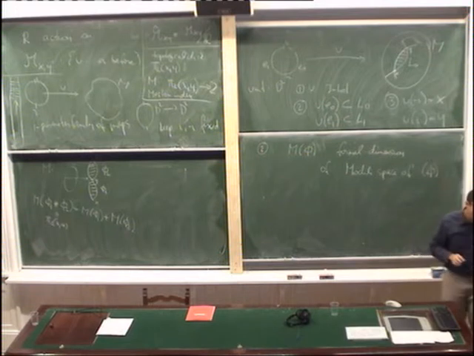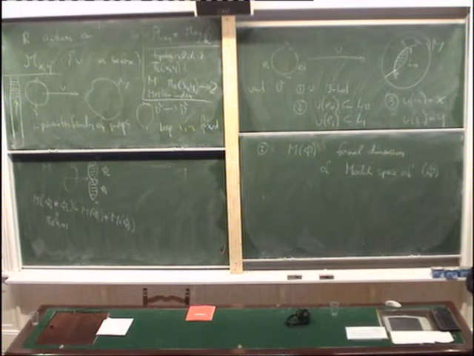So previously we had this M xy, which is the moduli space of all J-holomorphic disks connecting x to y.